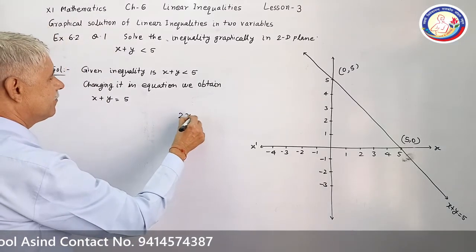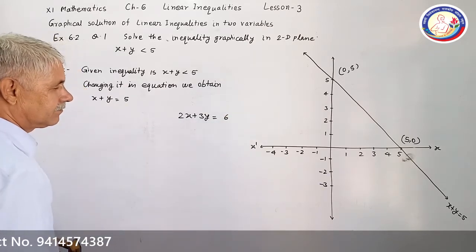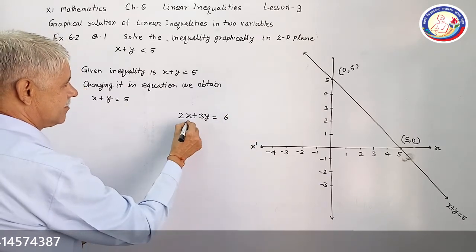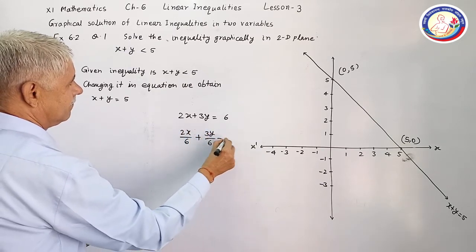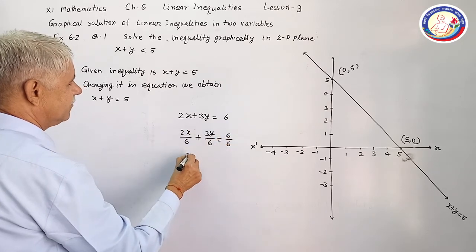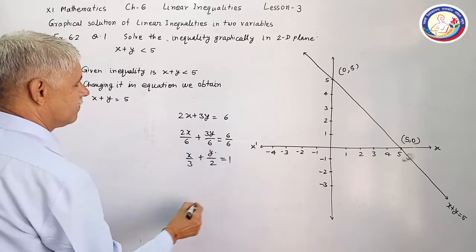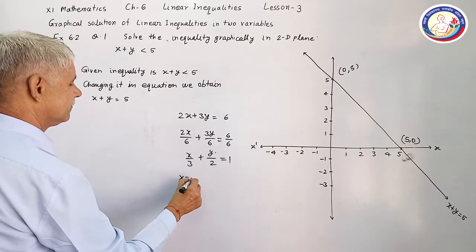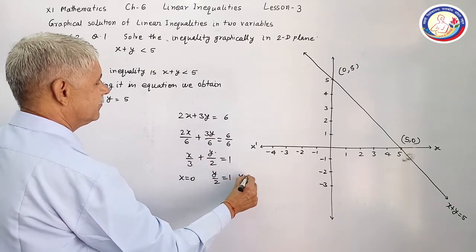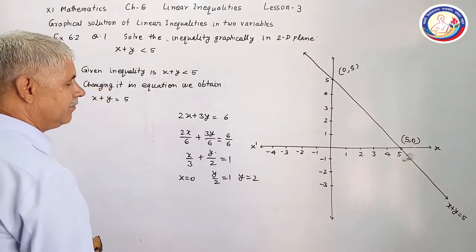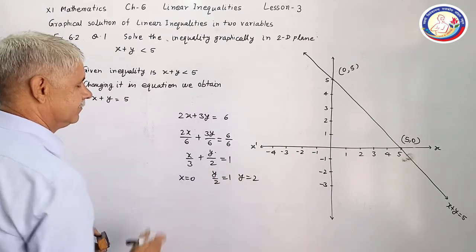I am taking one more example. Say 2x plus 3y equal to 6. Divide by 6. This will be x upon 3 plus y upon 2 equal to 1. Put x equal to 0, then y by 2 is 1, so y is 2. It means the line will meet y-axis at 0, 2.